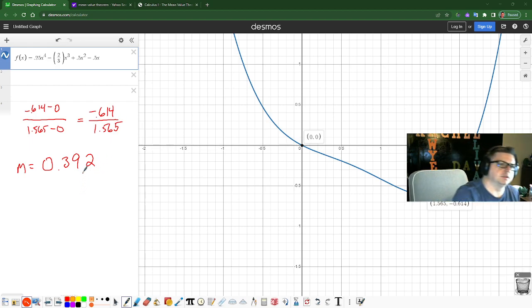Now what we're going to do is take the derivative of this, set it equal to that, and see how many x values come out in the wash.